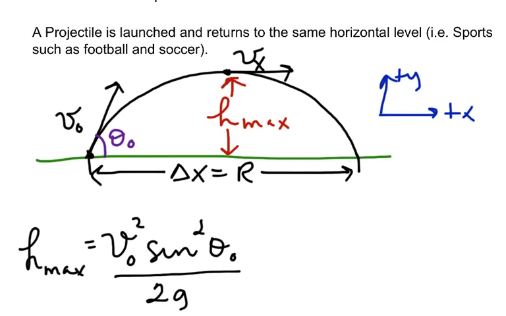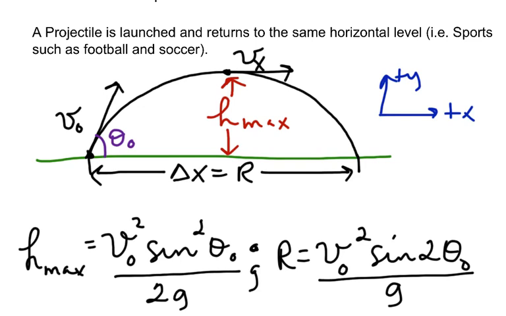There is another equation, and that is for your range. And this is the other equation for your range that you need to memorize or put in your calculator because it's not on the formula sheet. And your range is equal to v sub naught squared multiplied by sine of 2 theta sub naught all over g.